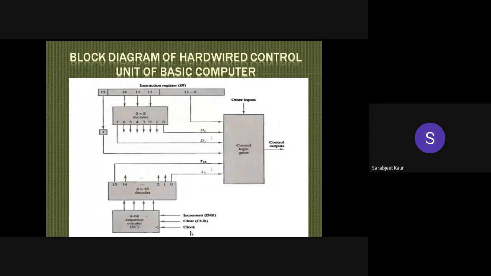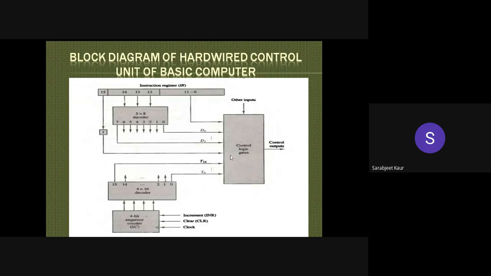So what is the significance of this clock here? We see the sequence counter will produce the next count only when it gets a signal from the clock pulse. So with every clock pulse that you get, this generates the next count, which is fed to the decoder and which leads to the timing signal.